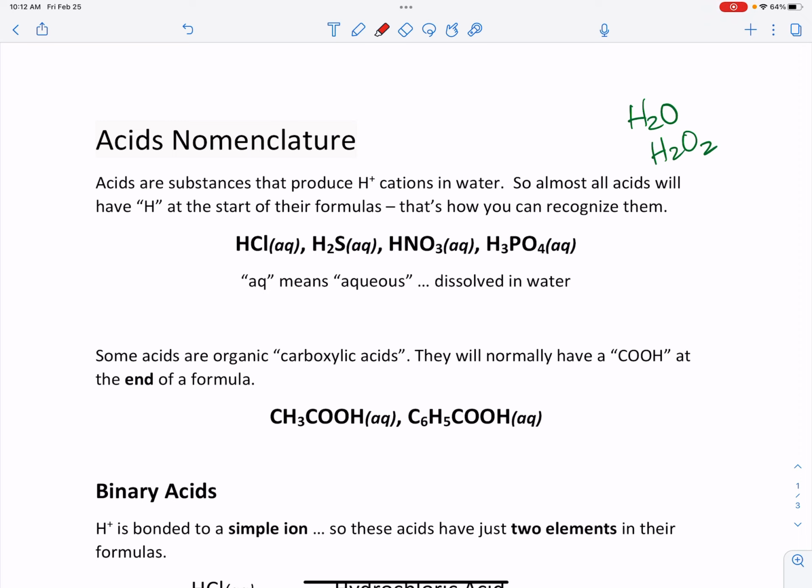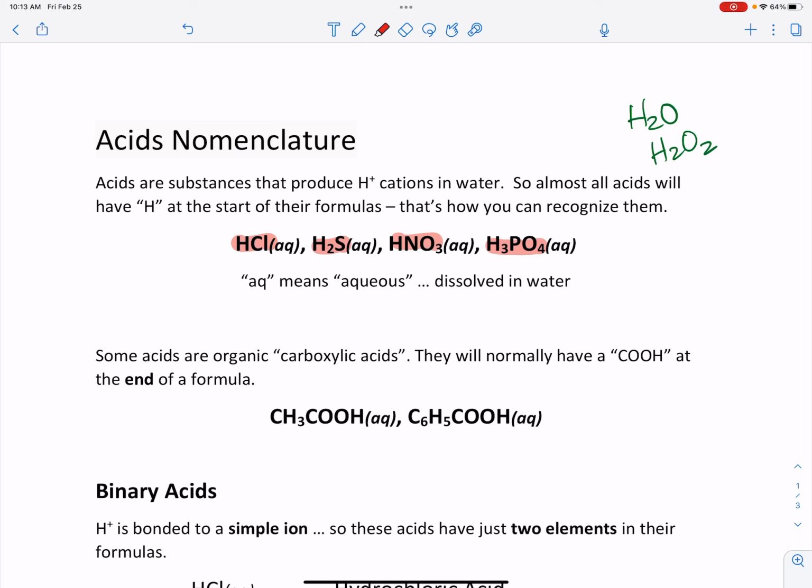So some examples, HCl aqueous, AQ means dissolved in water, aqueous, H2S, HNO3, H3PO4. You notice all of those formulas begin with hydrogen. So therefore the clue is that those are acids. The aqueous is there because the definition of acids was referring to the fact that they produce hydrogen ions in water.